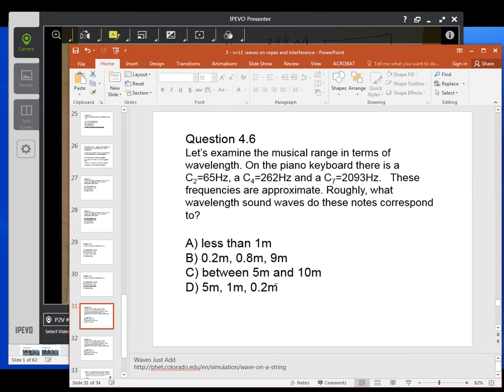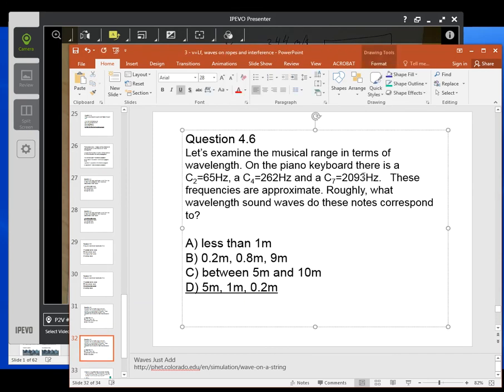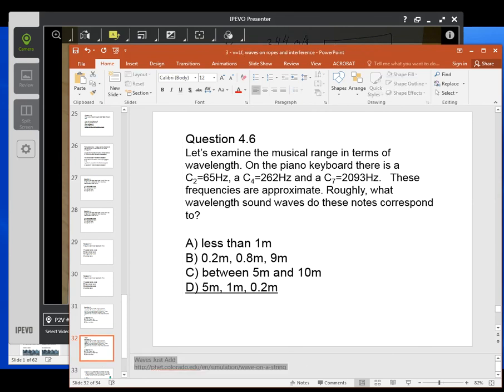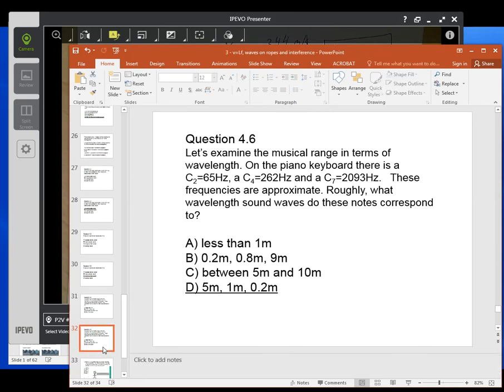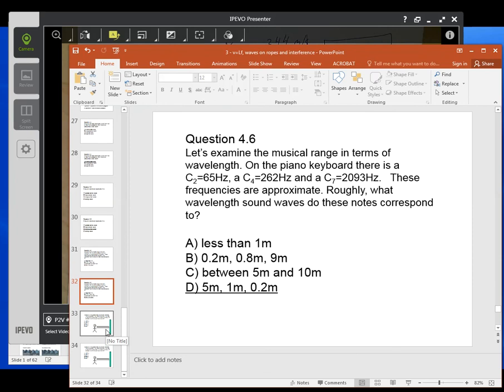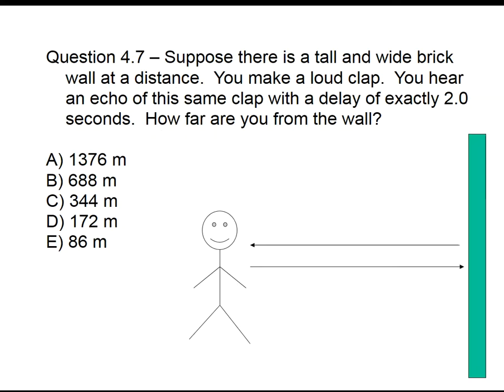And so if that's true, I can look back to these examples here, and hopefully you chose that the answer is D. That you get about 5 meters, about 1 meter, and about 0.2 meters, and 0.2 meters would be for the highest frequency. So the higher the frequency, the shorter the wavelength. Okay, so continuing on, this is going to be our last question for this part, and then we'll move on to the next set of slides.